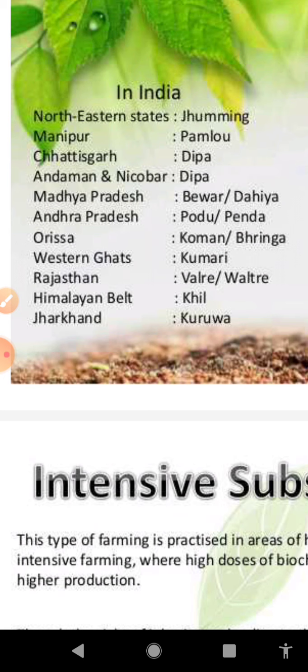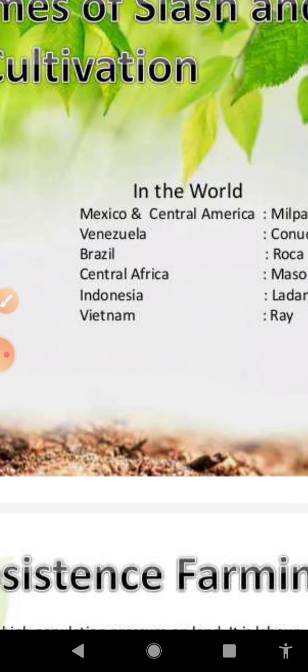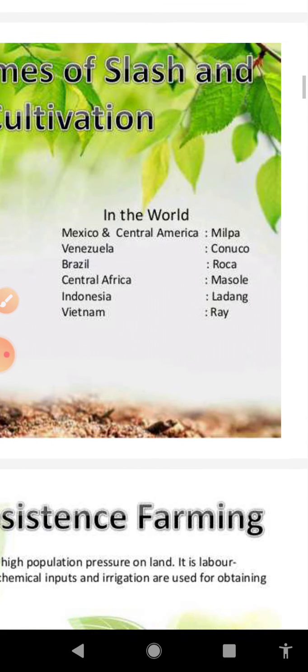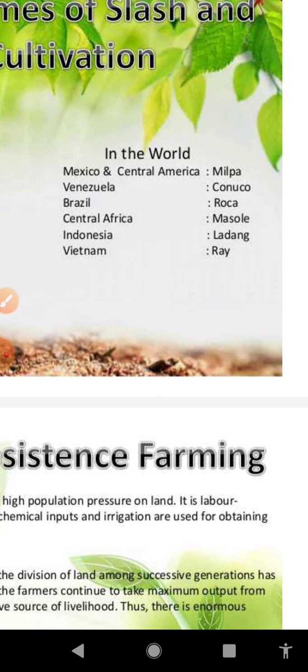In the same way, shifting agriculture is also known by different names in different parts of the world, like milpa in Mexico and Central America, roca in Brazil, ray in Vietnam.